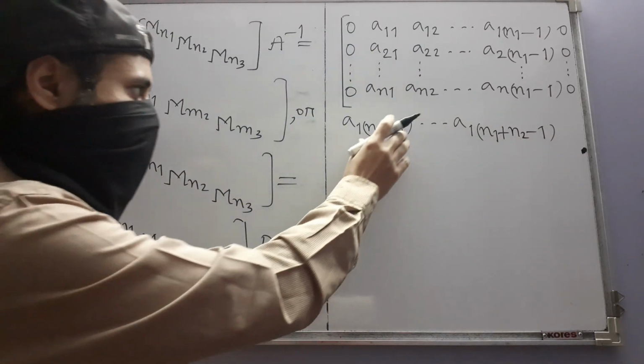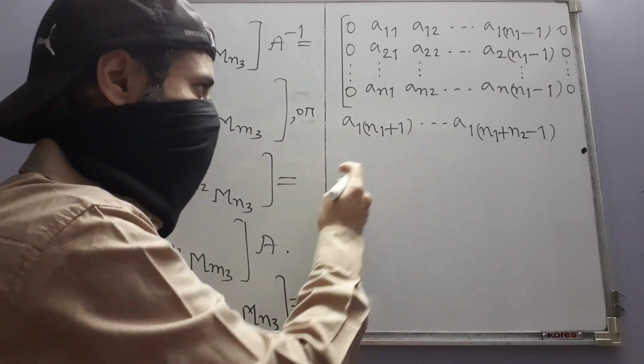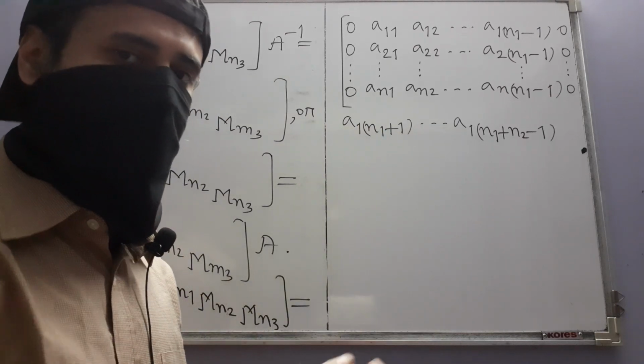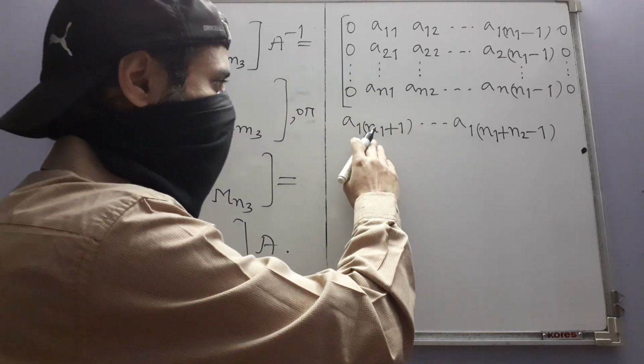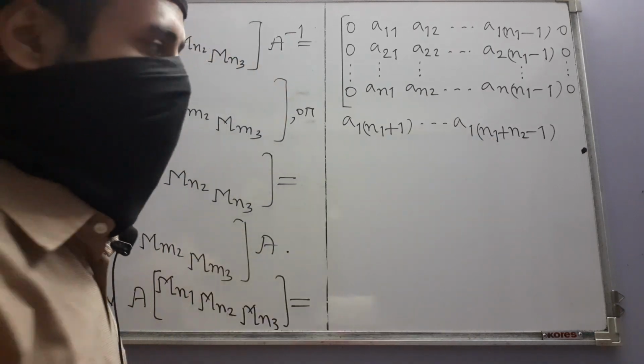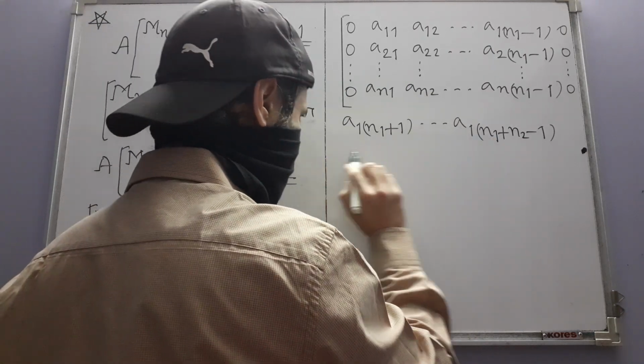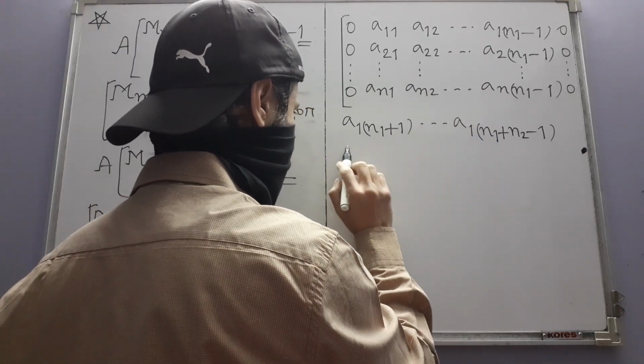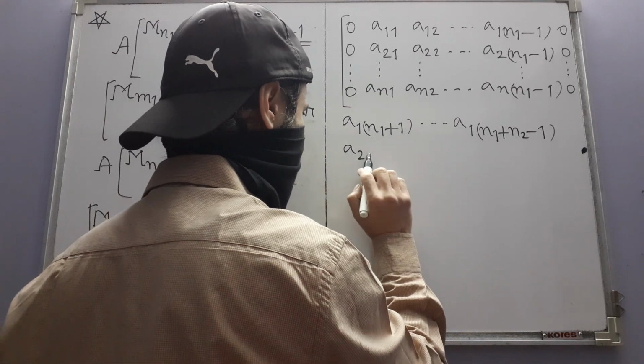Okay, so it started with this second index N1 plus 1, and then we increase the second index 1 by 1 and reach this one. Like that, the same portion for the other rows are these.